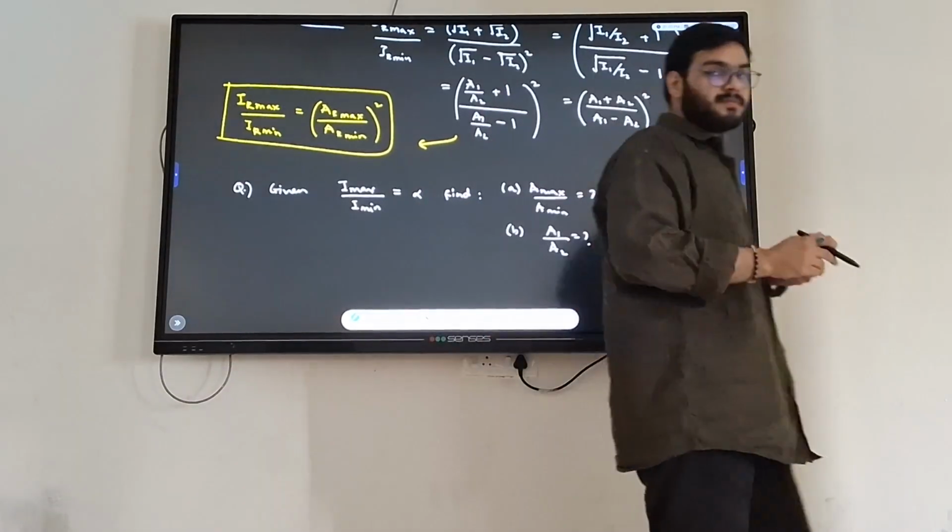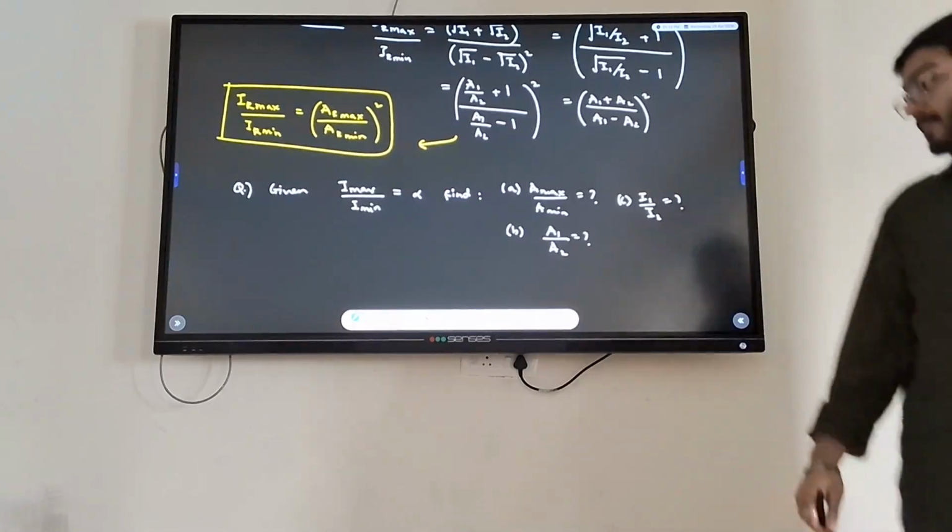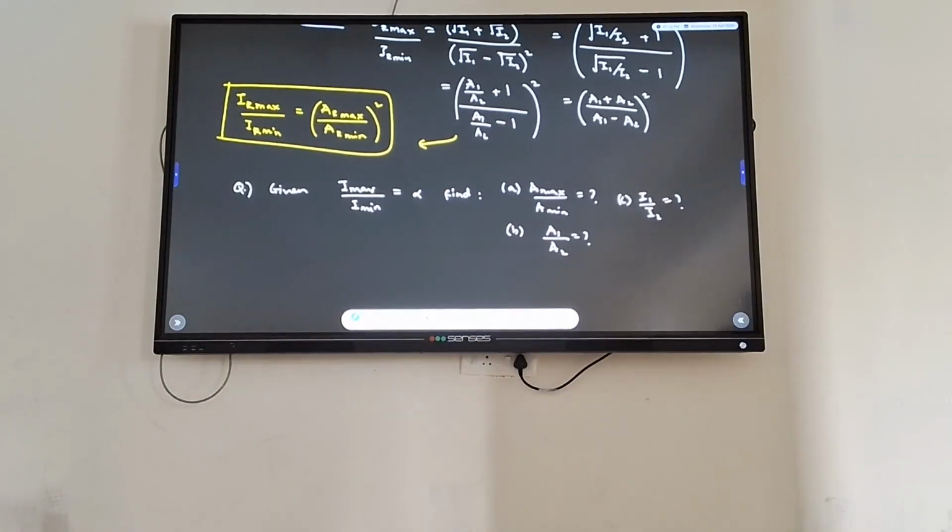Try to do this. So the first one will be alpha square. Give me the other two. No, it won't be alpha square. It should be root alpha, yes. Root alpha. The other two, give me that.